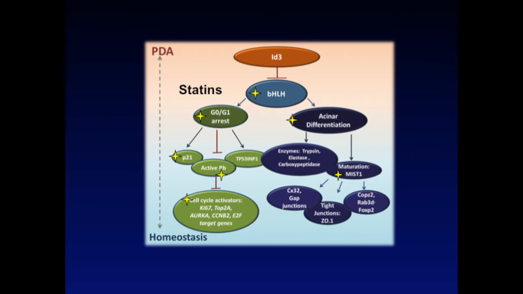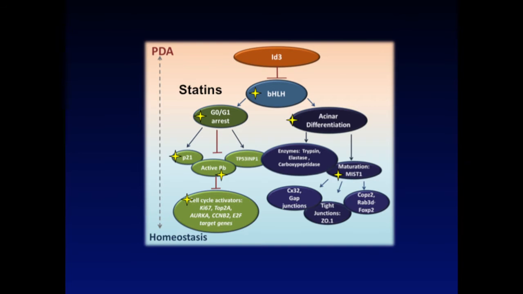which we've also shown is required for growth arrest, and we haven't really worked on the mechanism of that yet. RB gets activated, and these top cell cycle activators are downregulated, and that also includes all the E2F target genes. On the other side, we see remarkable Acinar differentiation, which includes upregulation of most of the pancreatic Acinar enzymes, and feed-forward activation of MIST1 and all of its target genes.